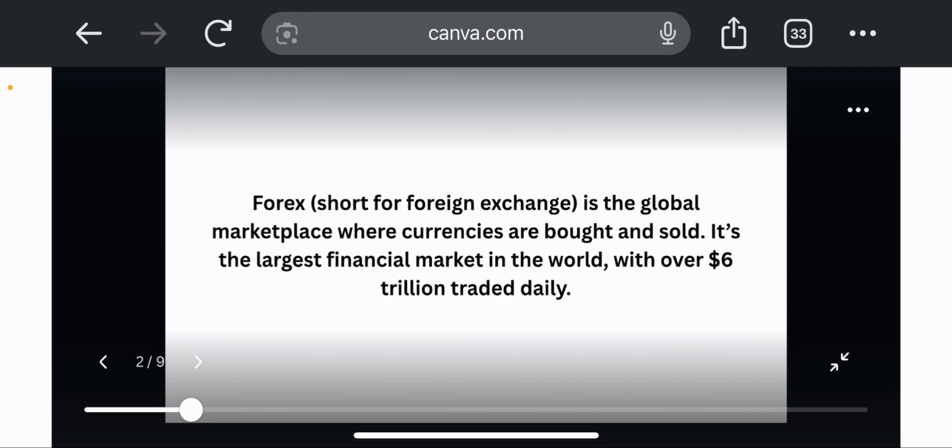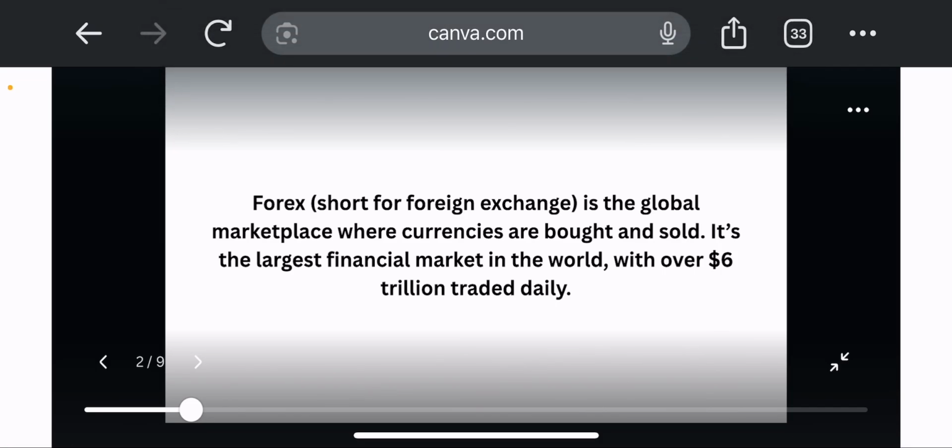The same thing applies to foreign exchange, but instead of exchanging goods, you are exchanging money, a currency in exchange for another currency. For example, if you go to a bureau de change, you exchange a certain amount of money in one currency for another currency. That is basically what foreign exchange is.